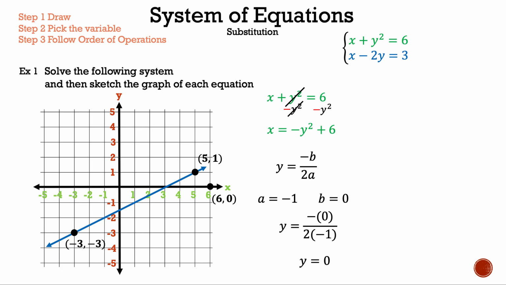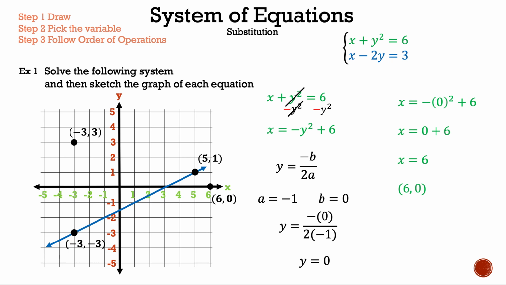After we simplify, y is equal to 0. Now we found our output. Let's find our input. So let's write down x is equal to negative y squared plus 6. Let's substitute 0 for y. So now we have x is equal to negative 0 squared plus 6. And negative 0 squared is 0, and 0 plus 6 is 6, so x is equal to 6. Now we found our point, 6, 0, which is the vertex of the sideways parabola.